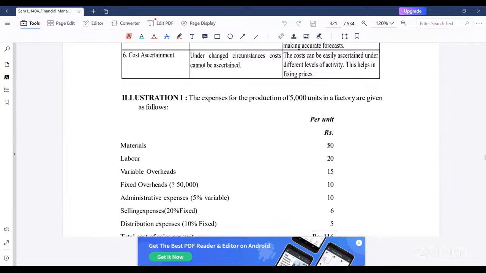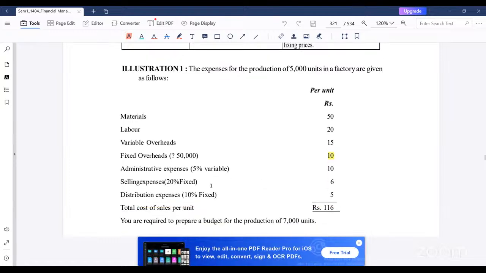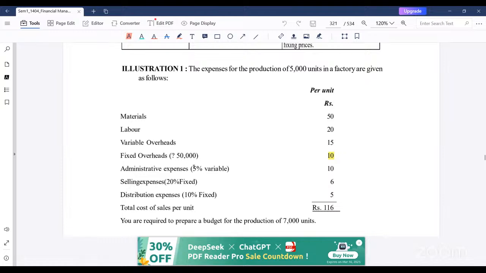Materials rate is 50 per unit, labor 20 per unit, variable overheads 15 per unit, fixed overheads 50,000. Even if it is 10 rupees per unit, it remains 50,000 only. Look at administrative expenses: cost per unit is 10 rupees, but 5% is variable.